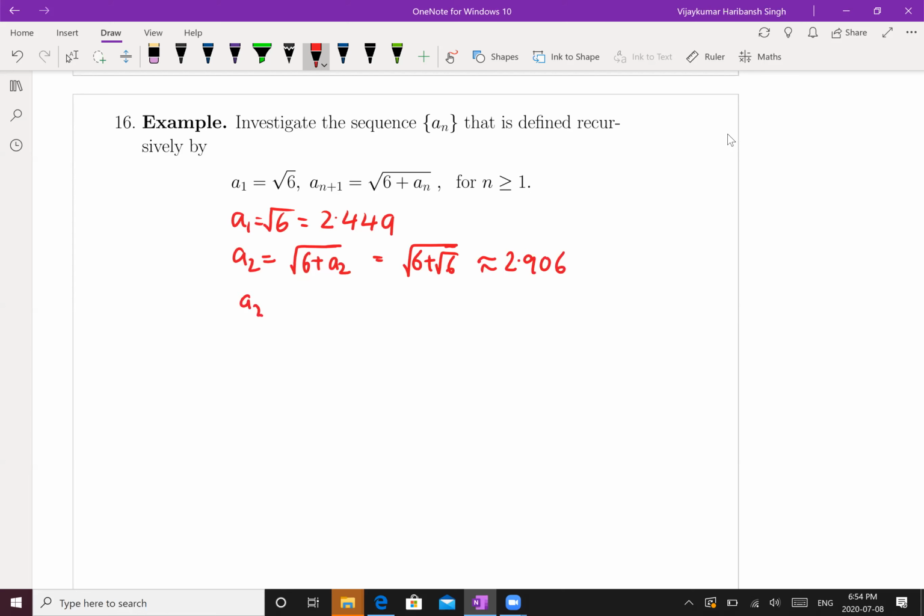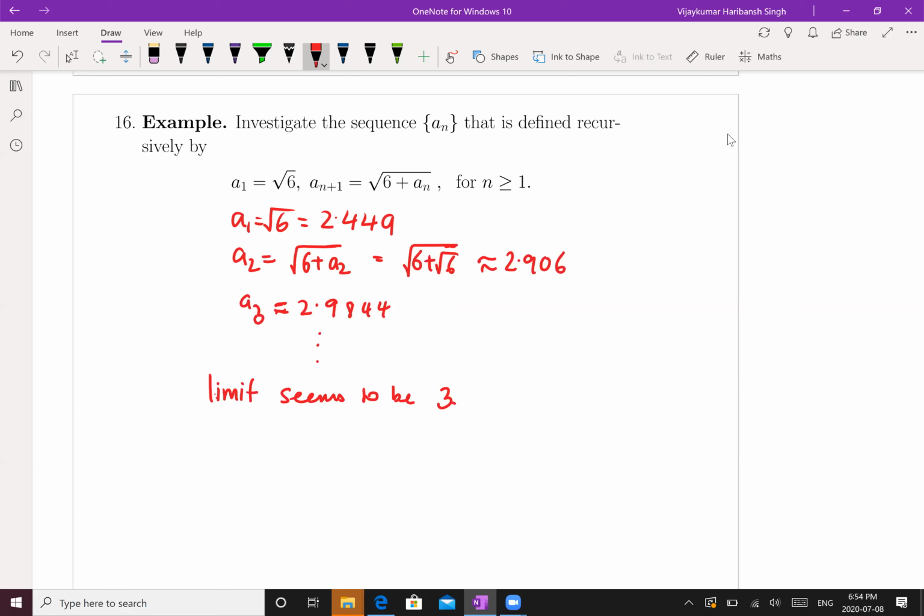Similarly, A3 is going to be roughly 2.9844, and so on. So it looks like the limit seems to be 3, right?